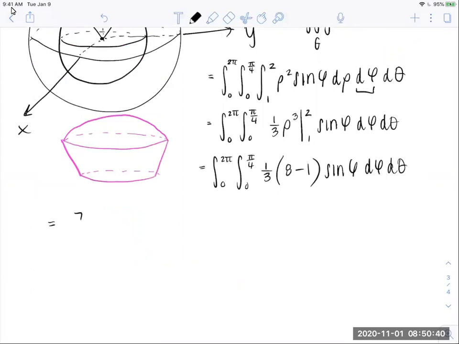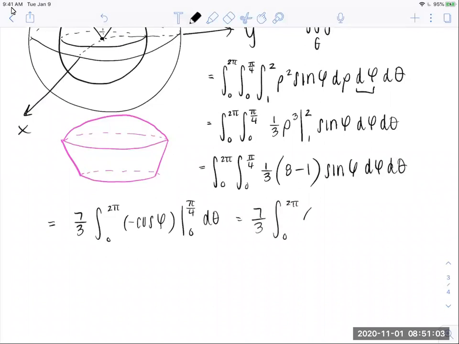All right, so next we're ready to integrate with respect to phi. I'll go ahead and just pull the 7/3 out front, rewrite my theta limits, and the integral of sine is a negative cosine. So negative cosine phi, where phi is ranging from 0 to pi fourths. All right, so I have my 7/3. I have my integral from 0 to 2 pi, and I get a negative root 2 over 2 plus 1 d theta.